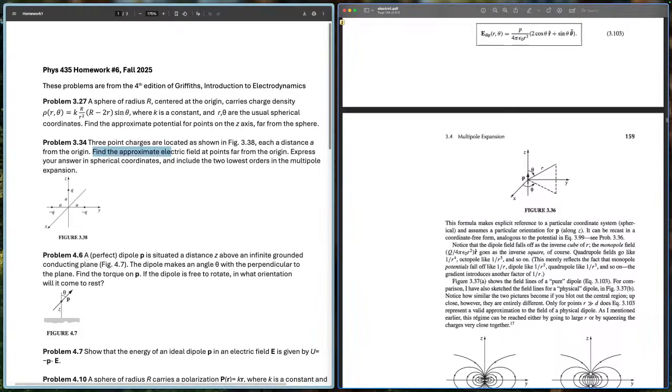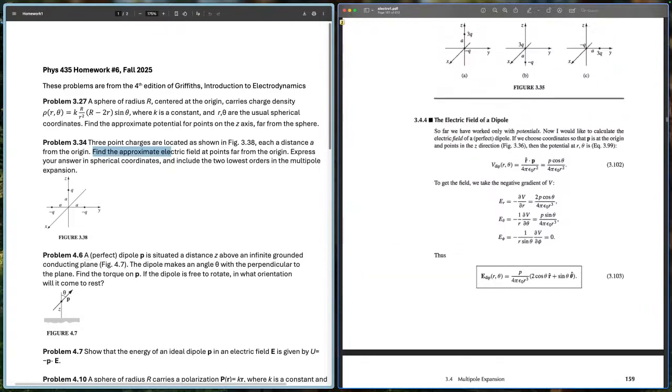Okay, so wait, the electric field? Yeah, I mean, this is just the result of taking the gradient of the potential. Okay, so this is set up so that p is at the origin and points in the z direction.